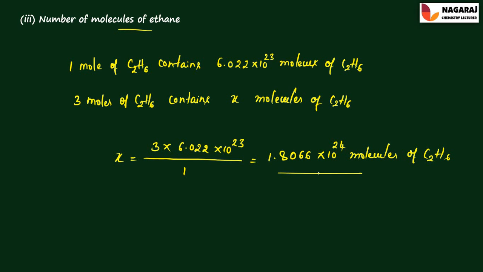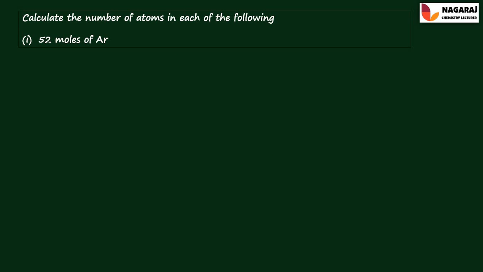that is molecules of C2H6. In this problem we have learnt how to calculate the number of molecules present in the desired moles of compound, right? And let us see one more problem, that is calculate the number of atoms in each of the following. So in this problem we have to calculate how many atoms are present in 52 moles of argon.